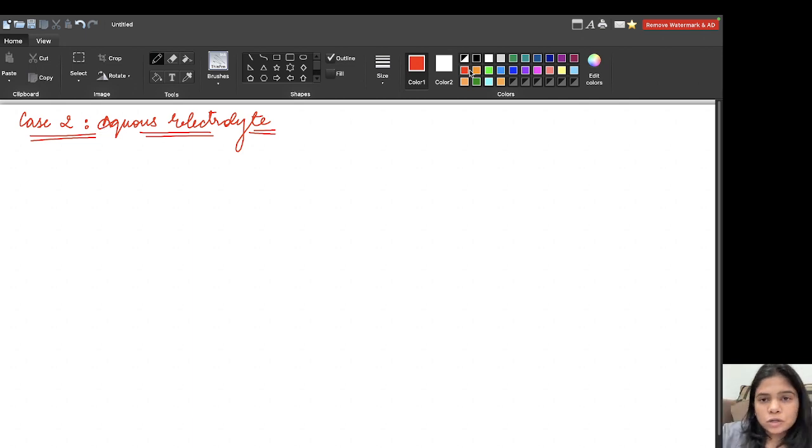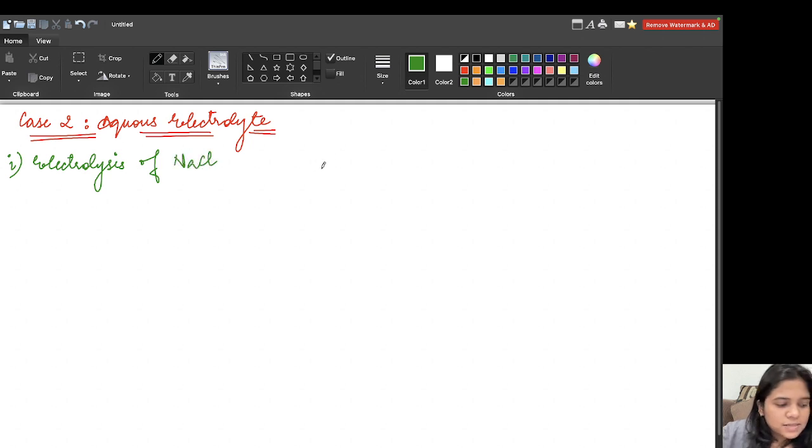So let's take a first example as electrolysis of NaCl with platinum electrode. By platinum electrode, that's an inert electrode. And NaCl we're writing aqueous.